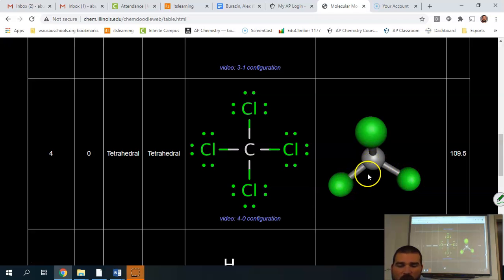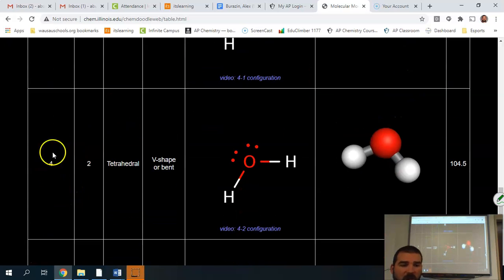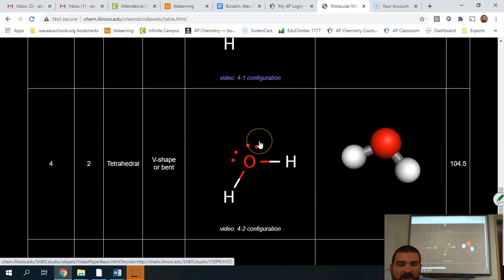But what I've done with those two lone pairs is replaced the two upper atoms in this orientation with lone pairs. This would be a lone pair. This would be a lone pair. So I'm not going to draw a three-dimensional version of where those lone pairs should go, but it's still coordination number 4. I'm still separating 4 things in my water. It's 2 atoms, 2 lone pairs.